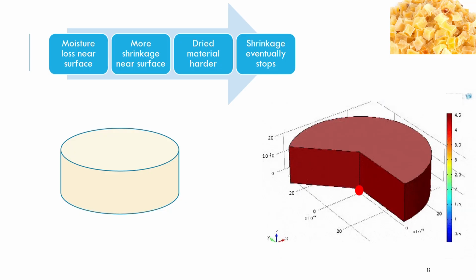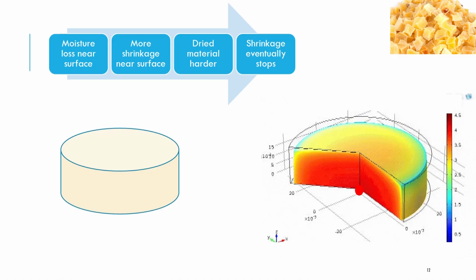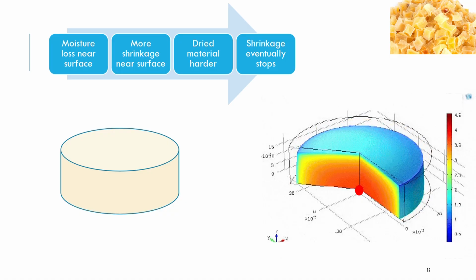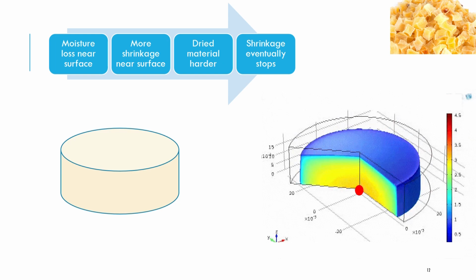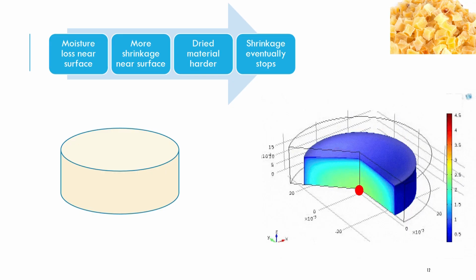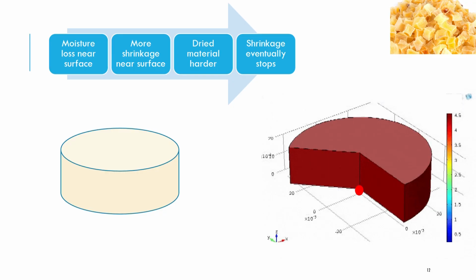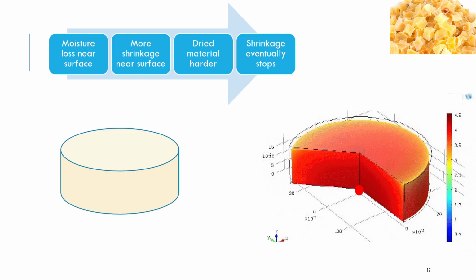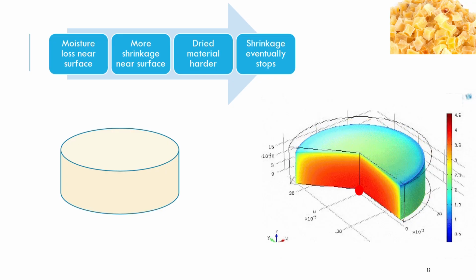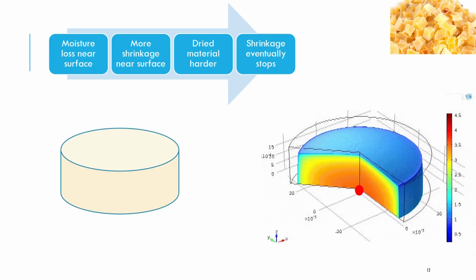This harder material resists shrinkage. This is the most important part. The harder material resists shrinkage. As you can see from the simulation, the shrinkage, if we let it go, eventually stops. So the important note here is that we did not input shrinkage.